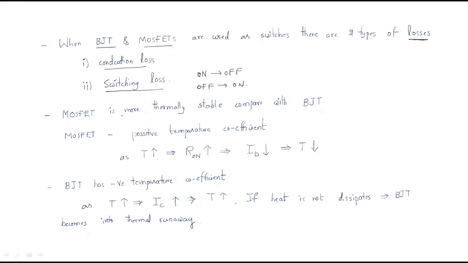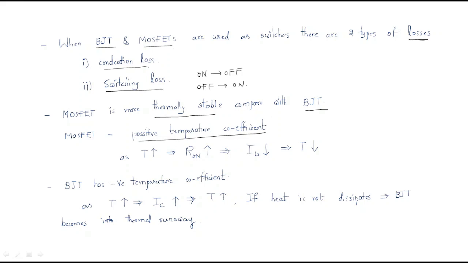Here the MOSFET is more thermally stable compared with the BJT. When we discussed the characteristics, we already discussed this point, that MOSFET is thermally stable compared with the BJT. It can withstand more temperature compared with the BJT. MOSFET has a positive temperature coefficient.